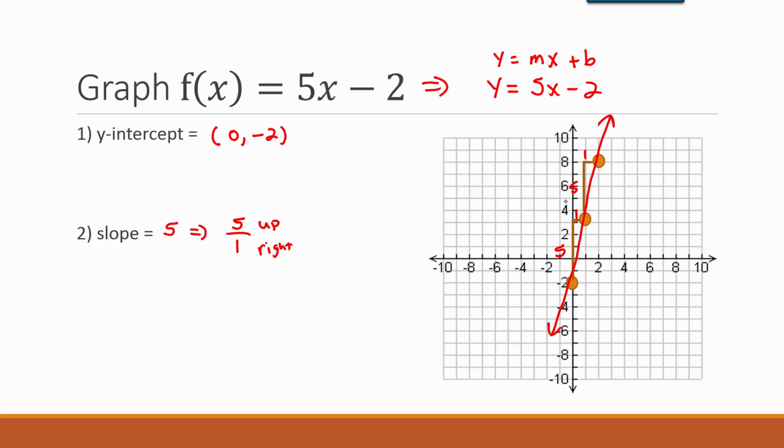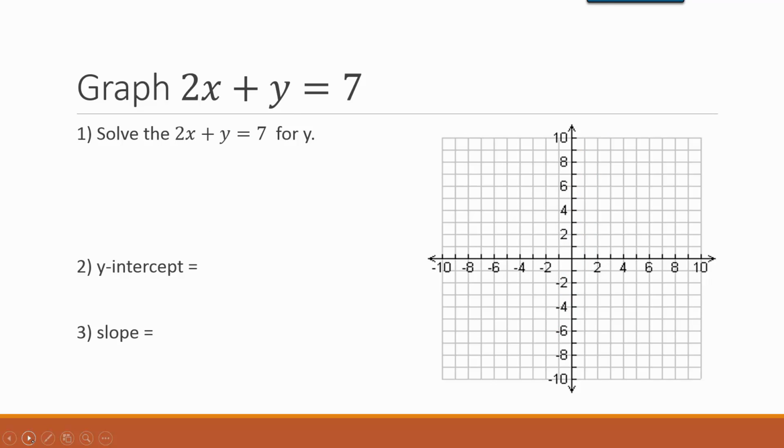Okay, let's look at another example. In this one, we have 2x plus y equals 7. So remember that our first step was to solve the equation for y if it was not already in that form.